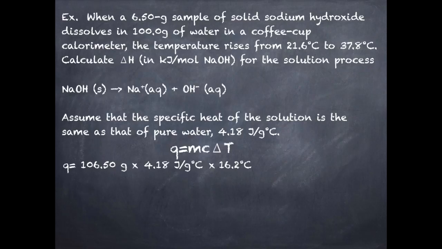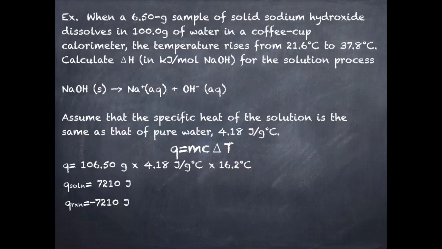And so when I find the heat of my solution, that is 7,210 joules. Now, I know that the heat of my reaction is simply going to be the negative of that, because while the solution gains 7,210 joules, my reaction releases that. So it's going to be negative 7,210 joules.